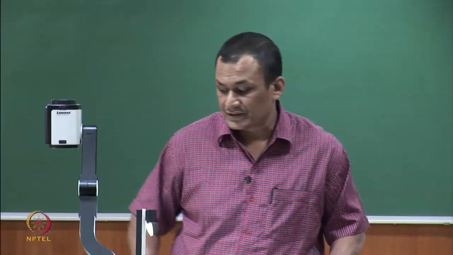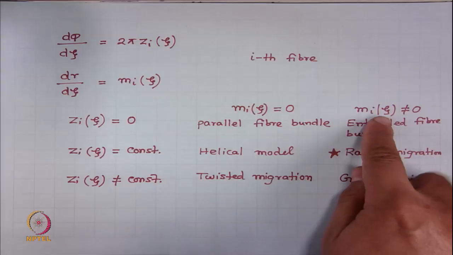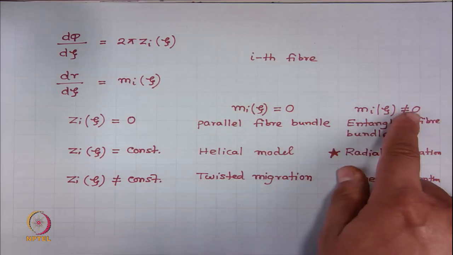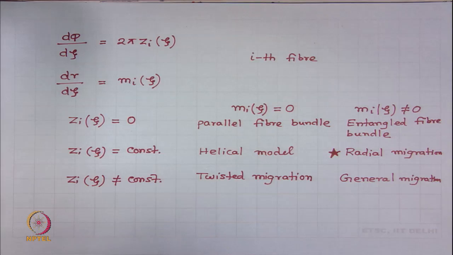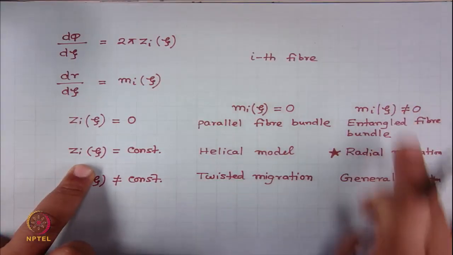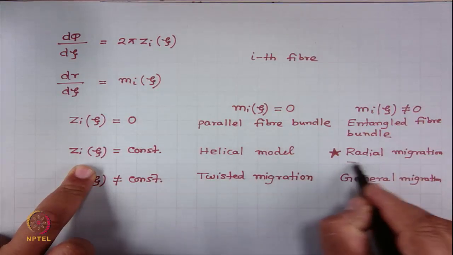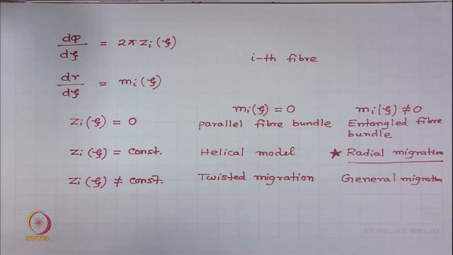So, dr by d zeta is equal to tangent of alpha, and tangent of alpha is not equal to 0. If these two situations happen, then there is a possibility of radial migration of fibers. This is basically the theme of this module. Now, we will discuss radial migration of fibers.